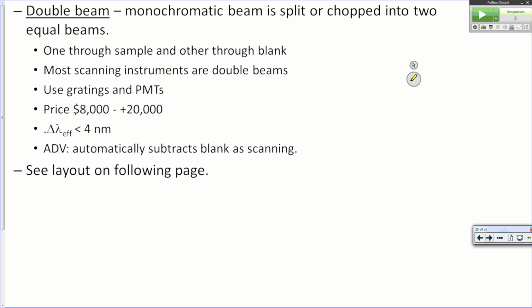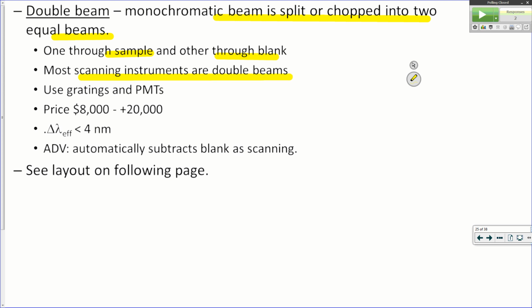Now dual beams. You take the monochromatic beam and you split it into two equal beams, or you redirect that single beam. Two different options. One goes through the sample, the other goes through the blank. Most of the scanning instruments are dual beams.